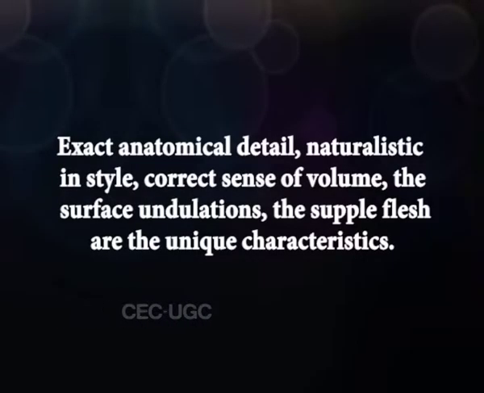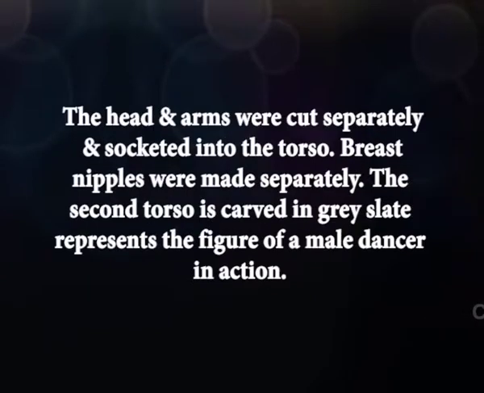Exact anatomical detail, naturalistic style, correct sense of volume, surface undulations and supple flesh are its unique characteristics. The head and arms were cut separately and socketed into the torso. Breast nipples were made separately.